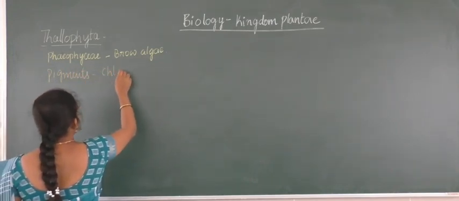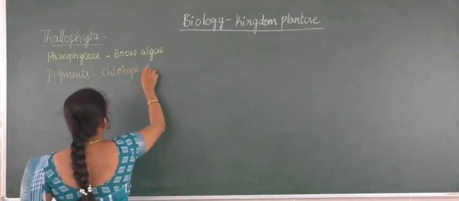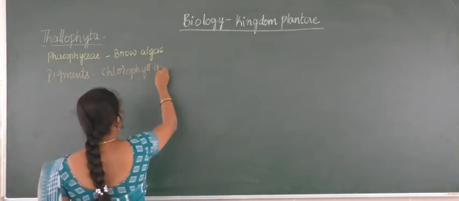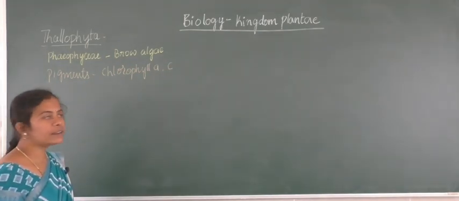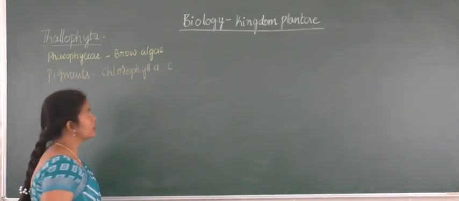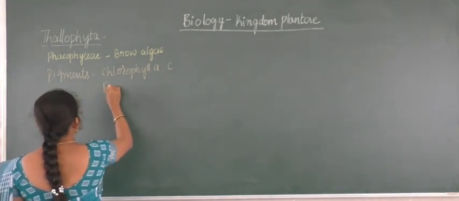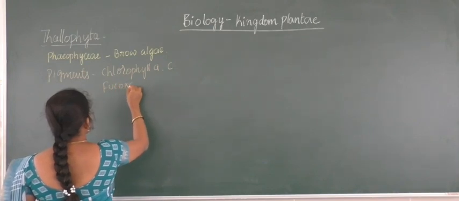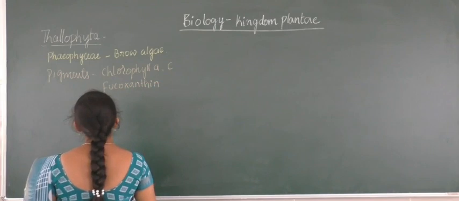Those are chlorophyll A and C. So we discussed about the A and B, A and D, and lastly A and C, right? And the accessory pigment here is fucoxanthin. This is an accessory pigment.